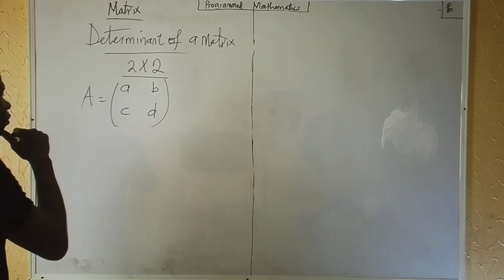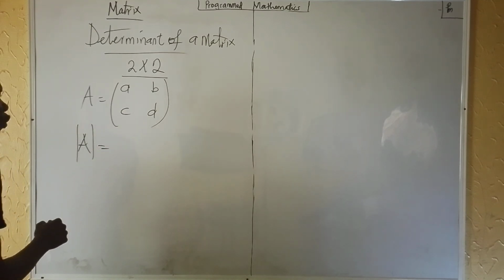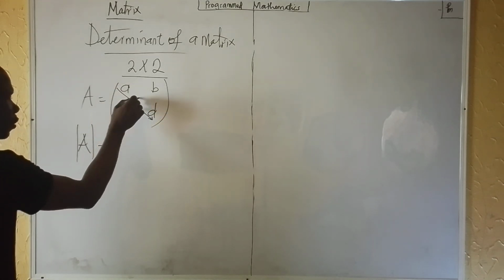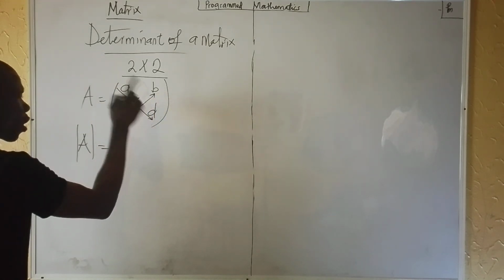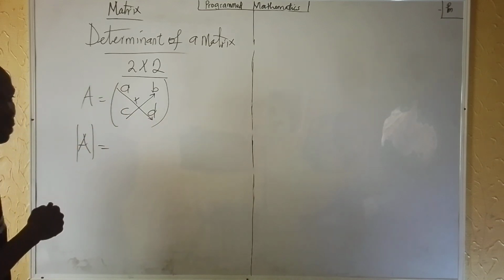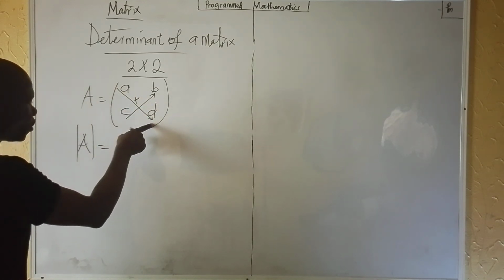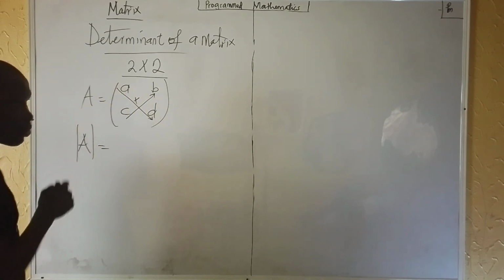So how then do we find the determinant of matrix A? The determinant of matrix A is simply equal to the product of the elements on the principal diagonal, minus the product of the elements on the other diagonal. The principal diagonal is the diagonal formed by the first entry, the first element in the matrix.